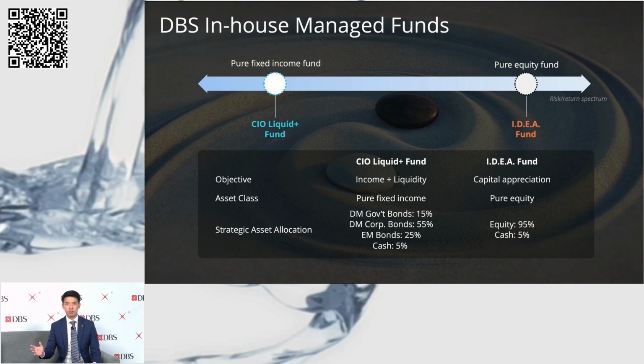Now, on the other end of the spectrum, we have the DBS I.D.E.A Fund. This is an example of the growth side of the barbell strategy that Wei Fok has been advocating for. It's a pure equity fund that seeks to generate capital appreciation. We invest in the best-in-class industry transformative stocks that will deliver long-term growth to our clients' investment portfolios.